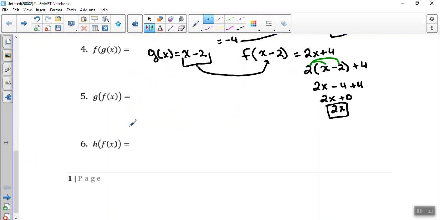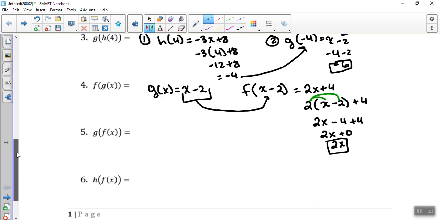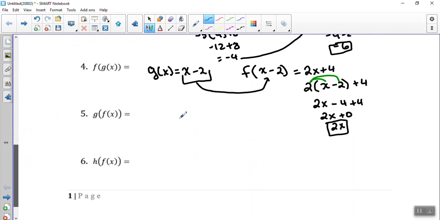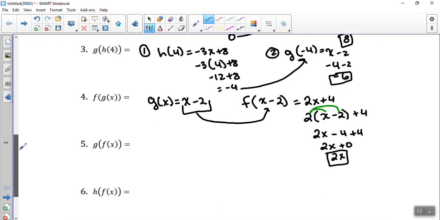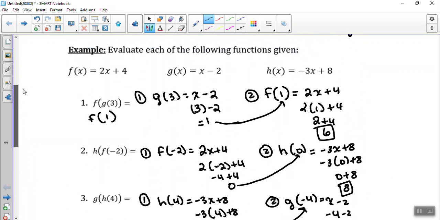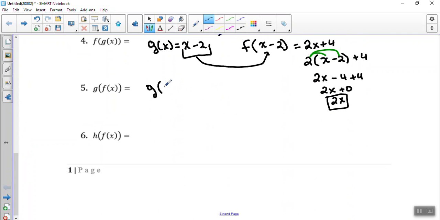Alright, so for problem number 5, it's asking me to plug in f of x inside g of x. So I'm going to start by writing g of x, and then inside g of x, I'm plugging in f of x. So here's where I'm going to write f of x, 2x plus 4.